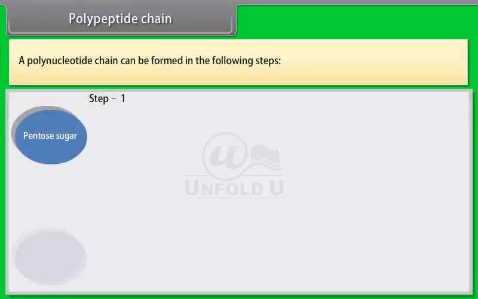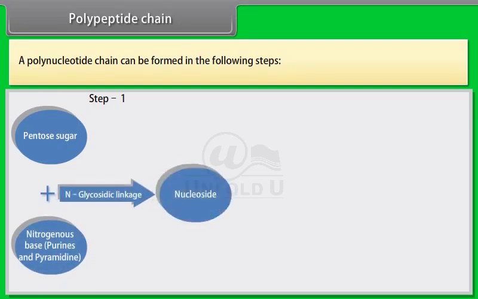1953. Polynucleotide chain. A polynucleotide chain can be formed in the following steps.